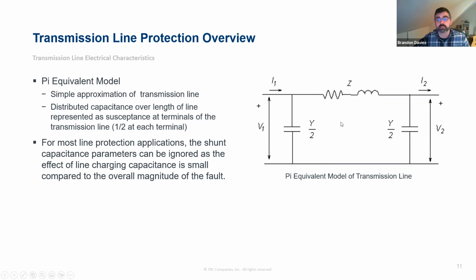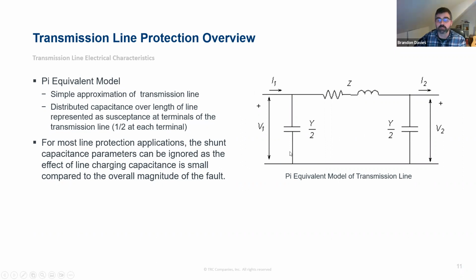And then it'll take the shunt capacitive impact of the conductors over the length, their interaction with ground, and it will take half of that susceptance and put it at one side of the line terminal, and put the other half at the other line.